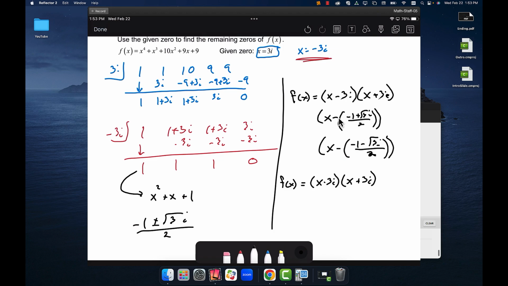Now it gets a little tedious. We're going to go through and distribute this negative sign and distribute this negative sign. So the first time, we get x plus 1 minus the square root of 3i over 2. And then down here, distributing this negative sign, we get x plus 1 plus the square root of 3i all over 2. And now we have the polynomial factored over the complex numbers.